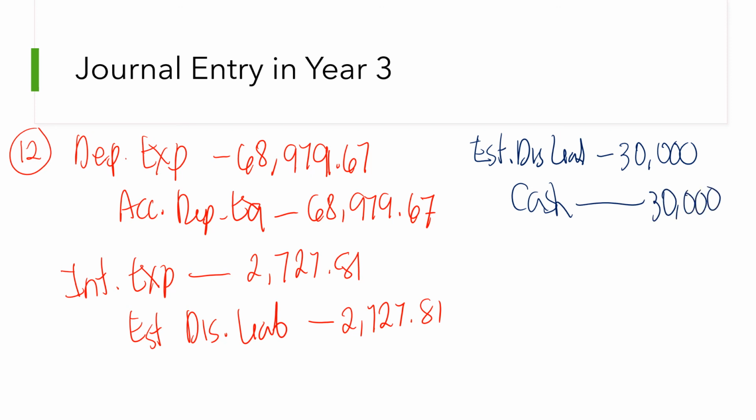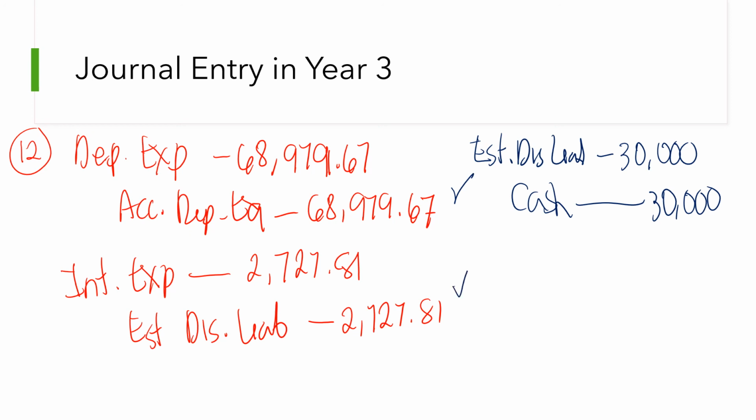And in addition to that, since based on our computation there is no more future economic benefit, assuming we are not using the equipment anymore, we need to derecognize the asset.